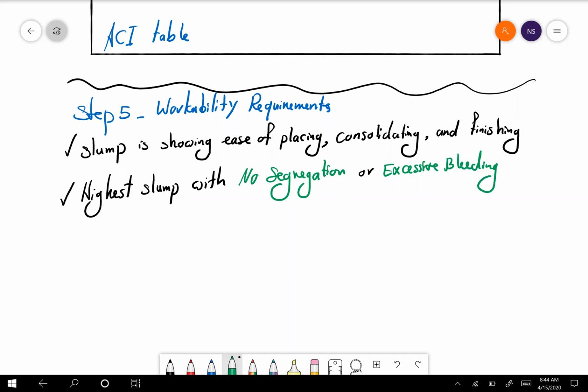Segregation and bleeding mean that the aggregates and the paste are falling apart. When you pour the concrete into the slump cone and remove the cone, you're going to see your aggregates segregated from the paste, or a watery paste forming around the aggregates.